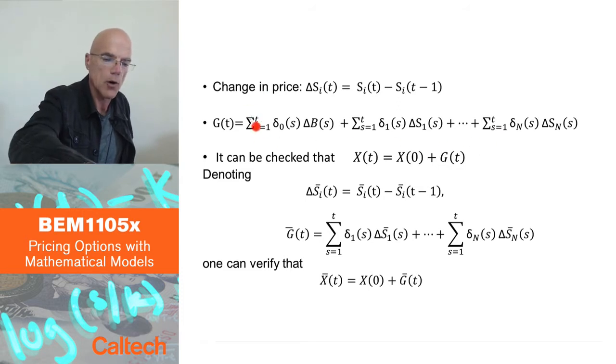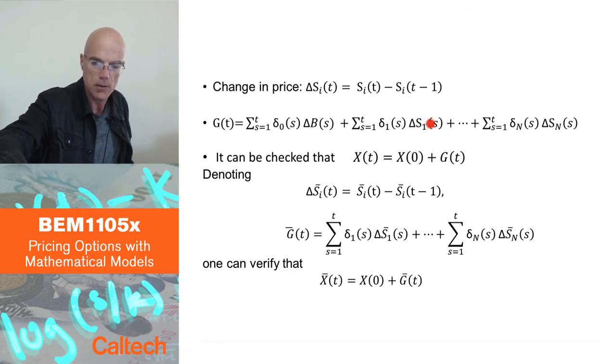So now I'm adding over time, over S from 1 to t, all the changes: profits and losses in the bank account, profits and losses in stock 1. I look at the change in price at each period times the number of shares that I was holding in that period. So this is the total gains and losses.